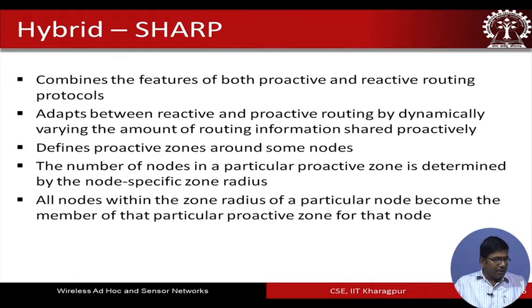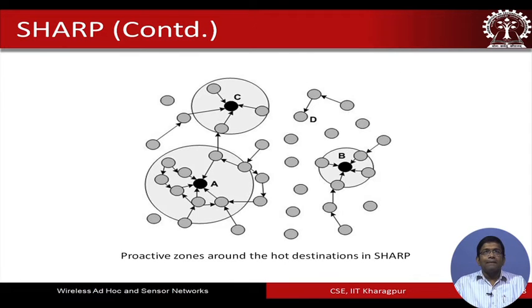In the case of ZRP, the zones are all centered at the individual nodes, but they are all of the same length. For every node in ZRP, they all have a similar radius of the zone. But in the case of SHARP, they all have separate radii. This is how SHARP functions.